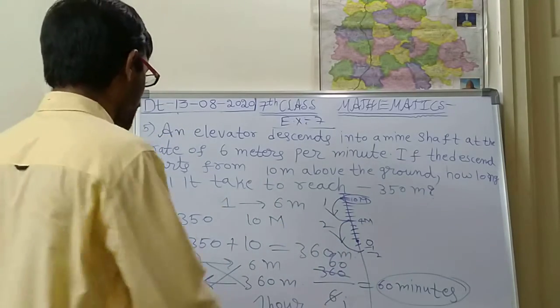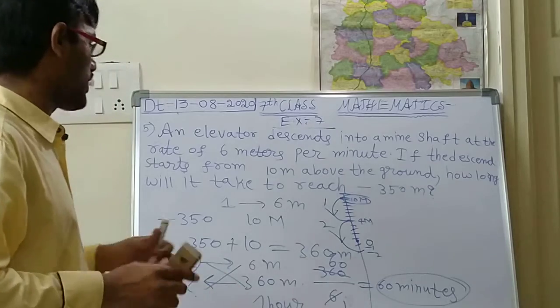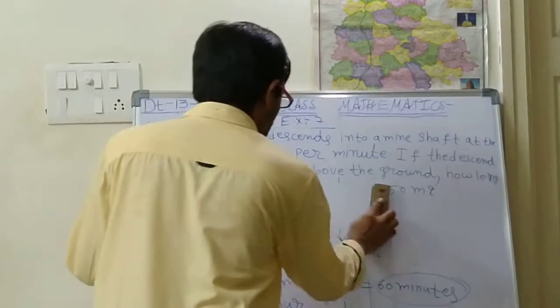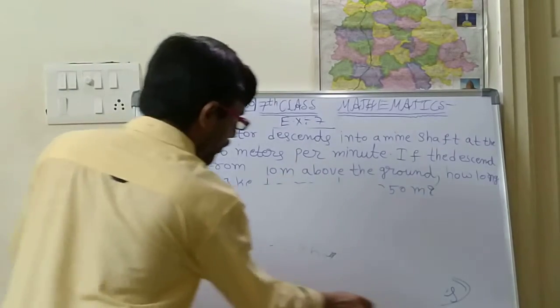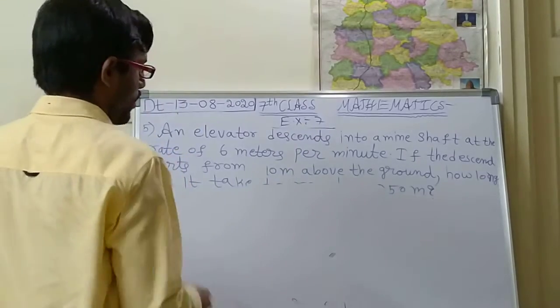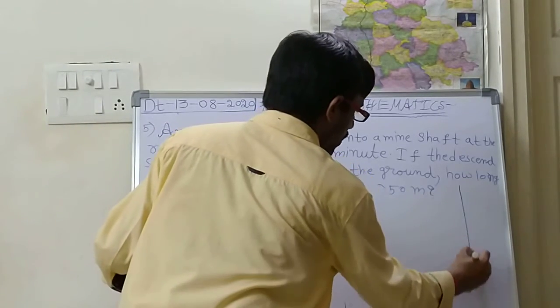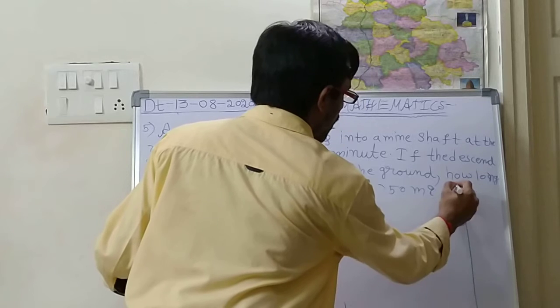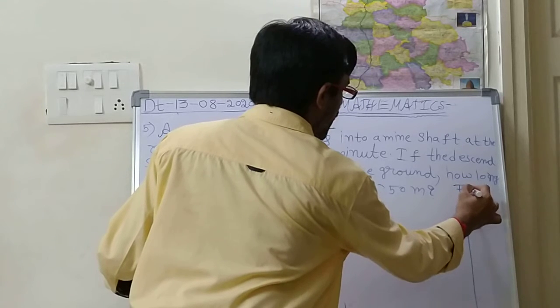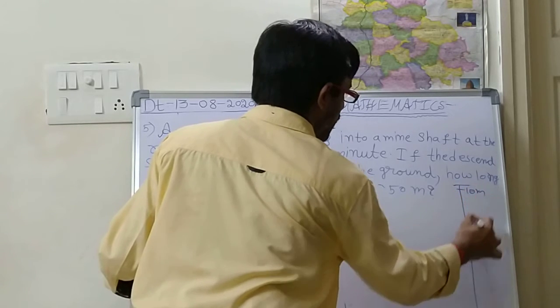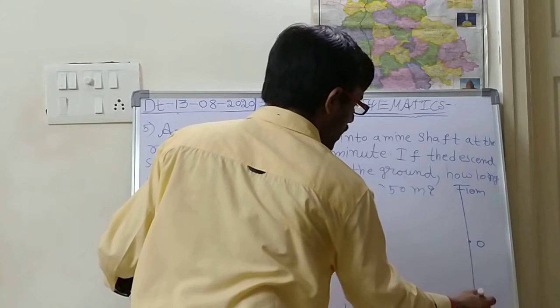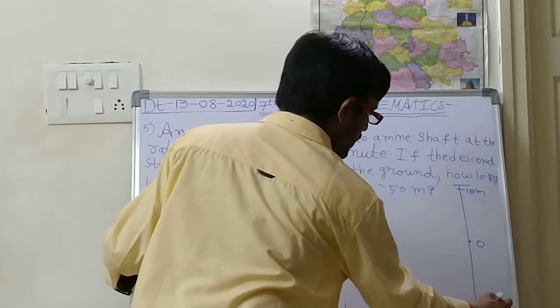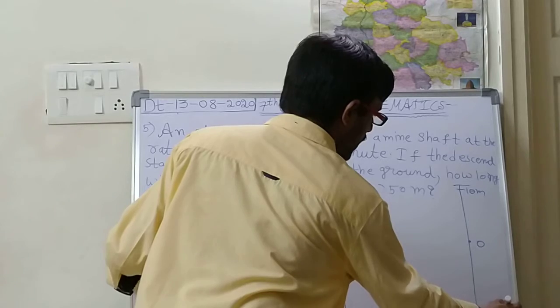So this is a problem. For this problem, you see the steps. This is 10 meters, this is ground level, and this is minus 350 meters.